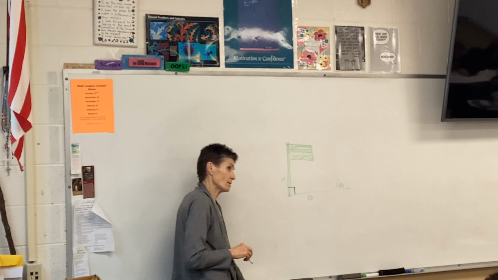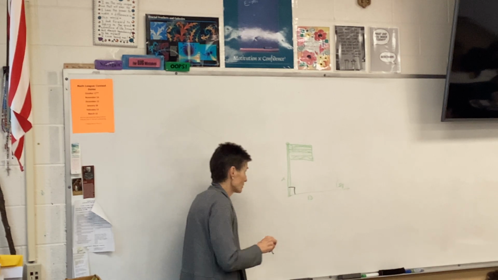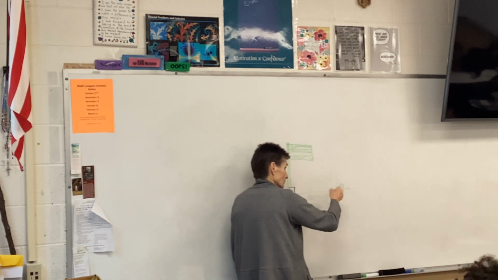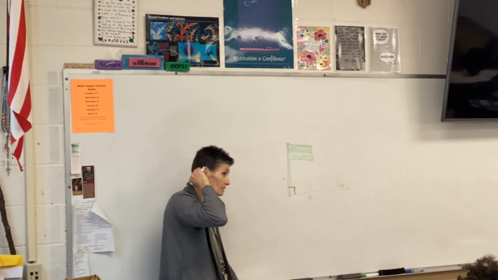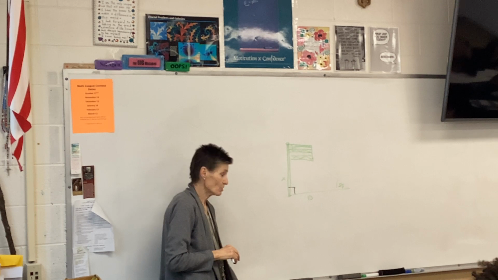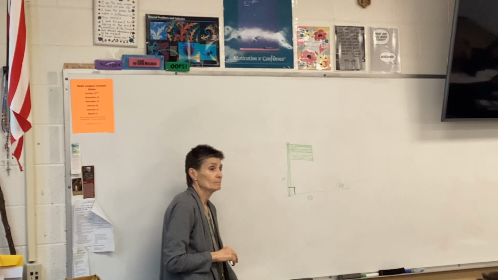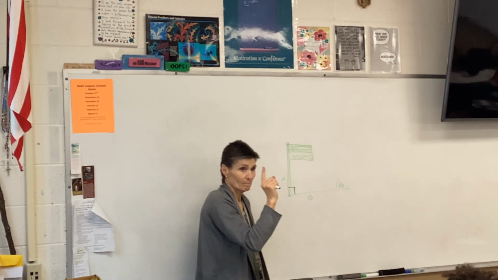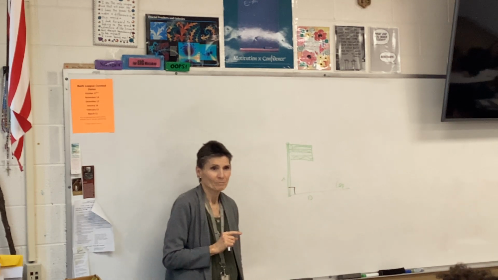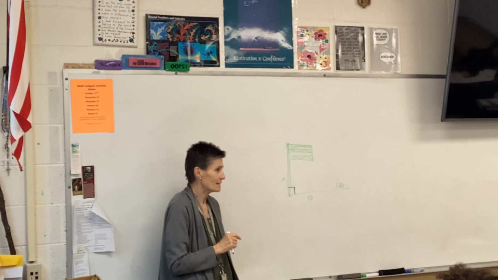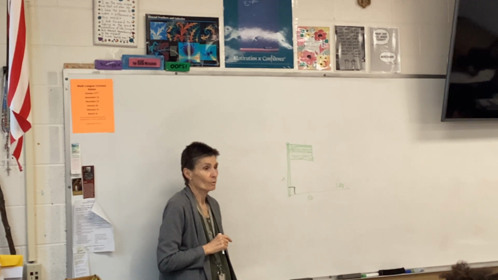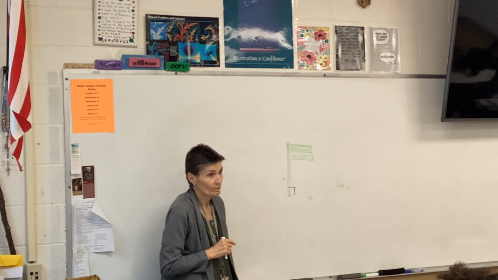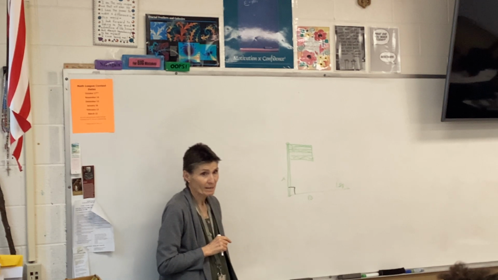So now she needs an equation. So she looks at the setup here. She's gonna pick sine, cosine, or tangent. Okay, it can't be sine or cosine, because sine and cosine need the hypotenuse. And we don't have the hypotenuse. So it's gotta be tangent. Does everybody get that?